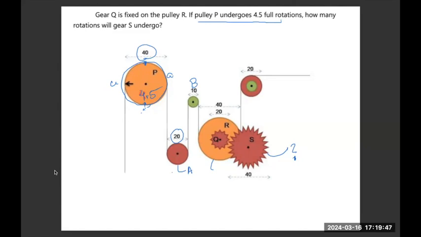If this is a circle, and it moves from point A until it comes back to point A, the distance traveled by this disk will be equal to the circumference of the disk.